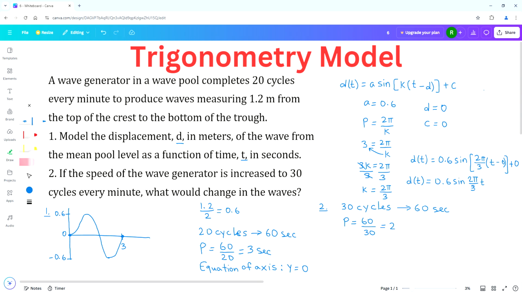I get 2 and the unit is second. So the period has decreased from 3 seconds in part 1 to 2 seconds.